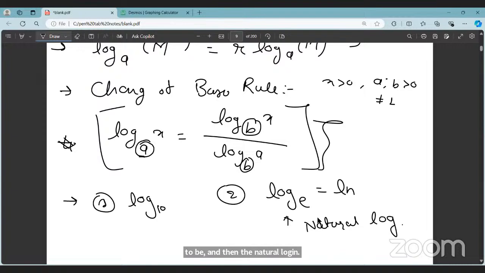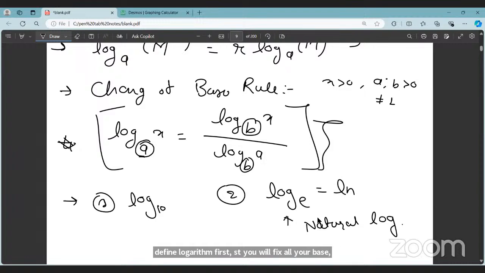Because of this base property, we don't have to consider all the logarithms. Obviously, if you want to define a logarithm, first you fix your base and then you talk about the function, so it's enough to take these two.